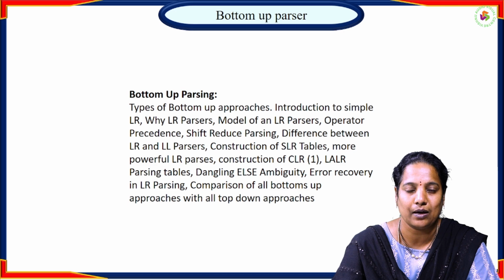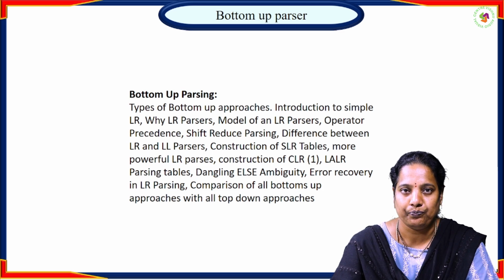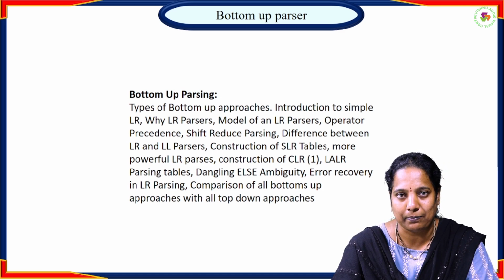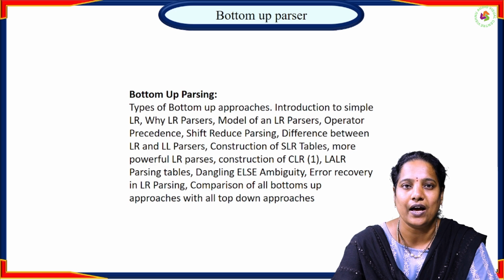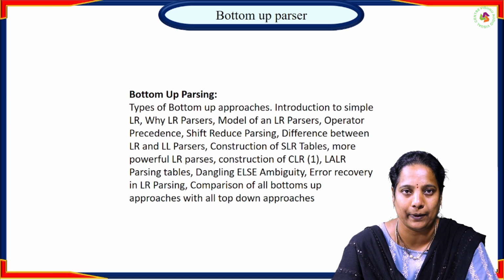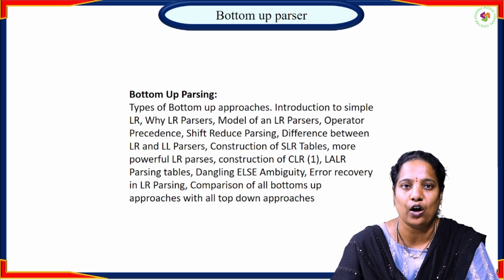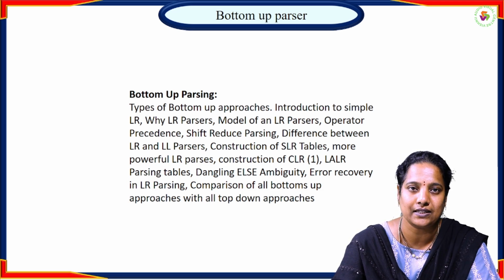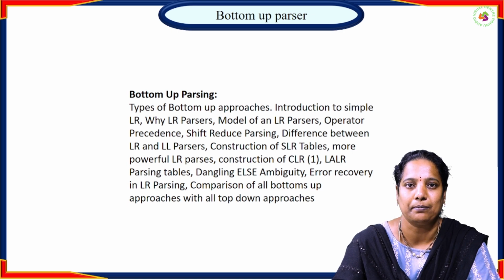When we discuss the top-down parser, we expand the root, the starting symbol of the grammar, to the input symbol. Whereas in the bottom-up parser, we take the input string and reduce it to the starting symbol of the grammar. This is mainly how we generate the parse tree representation by using a bottom-up parser.